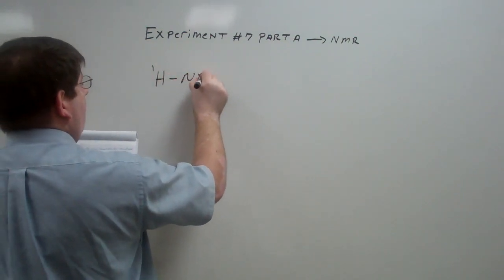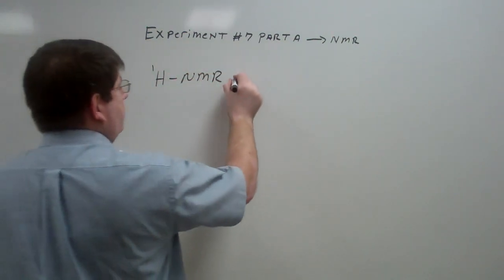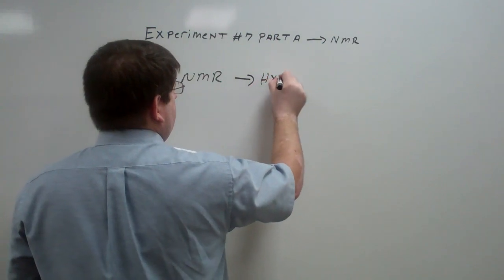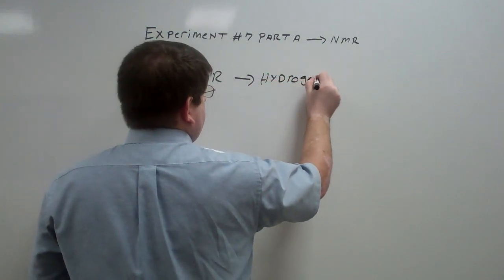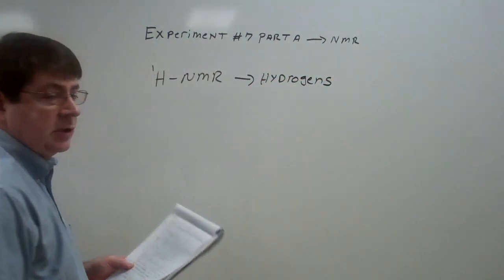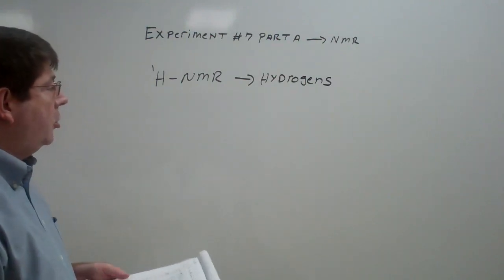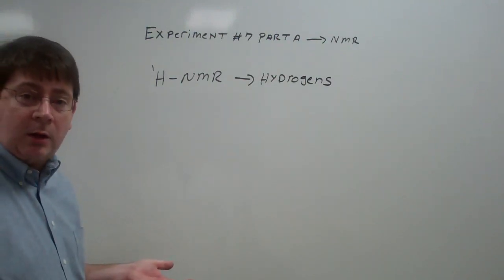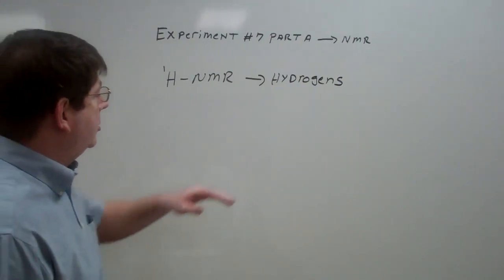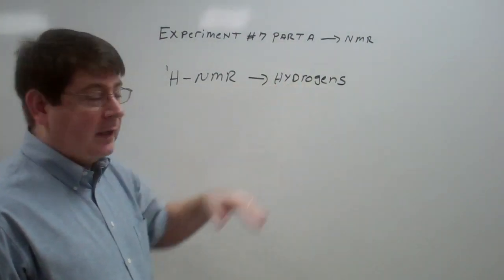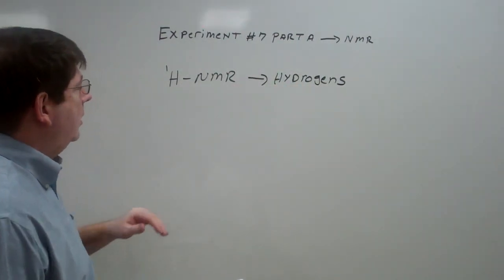So we call this Proton NMR. All we're looking at is hydrogens. Okay, so we're going to be able to detect the hydrogens in our molecule. Unfortunately for us, most organic molecules, actually all organic molecules, have to have some hydrogen, and so we're going to be able to see those very well.